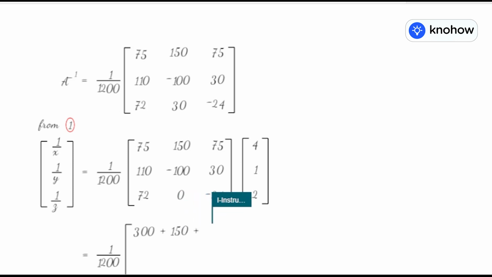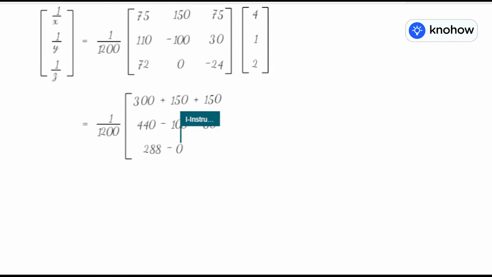Then repeat the process with the second row. You get 440 minus 100 plus 30 into 2, 60. Then similarly multiply the elements of the third row with this column. You get 288 minus 0 minus 48. Yes, you get minus 48.